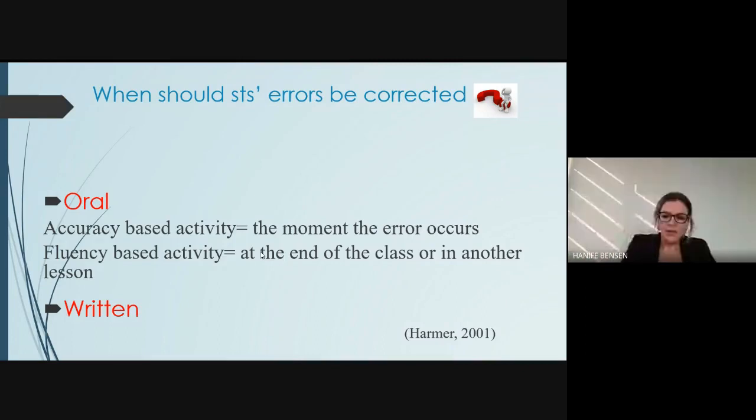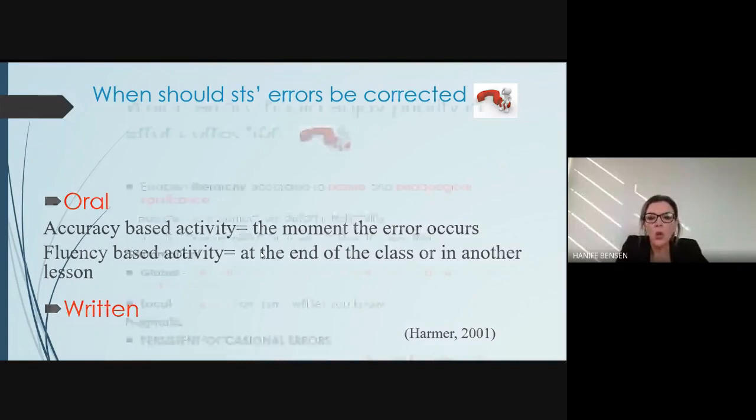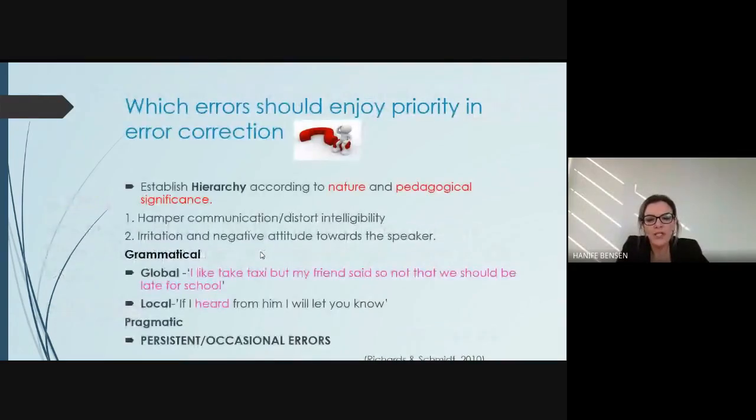Now I'm moving on to the question: which errors should enjoy priority in error correction? Answering this question isn't as straightforward as it seems, actually. Learners should not be corrected indiscriminately. And since no teacher has time to adequately deal with all the errors made by his or her students, a hierarchy should be established for the correction of errors according to their nature and pedagogical significance.